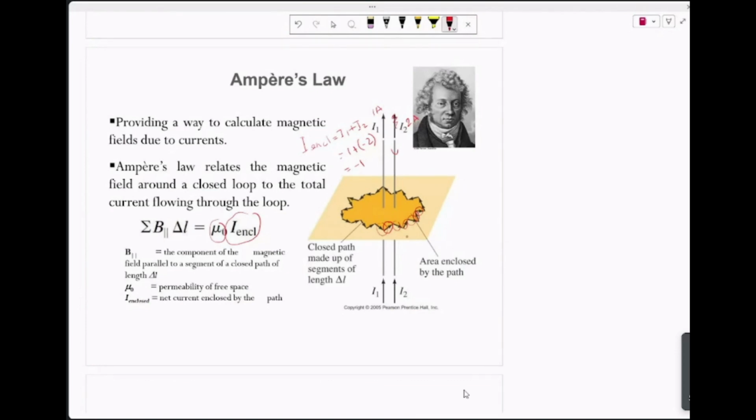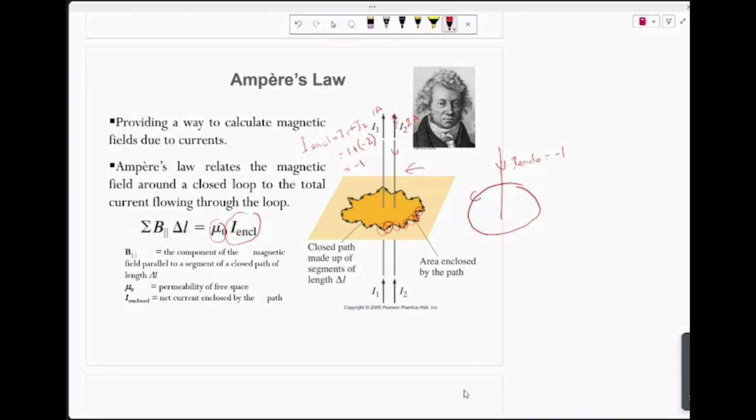That means these two currents we can replace with one single current, I enclosed, equal to negative 1, which is downward. Actually, the negative 1 means downward with respect to this example.